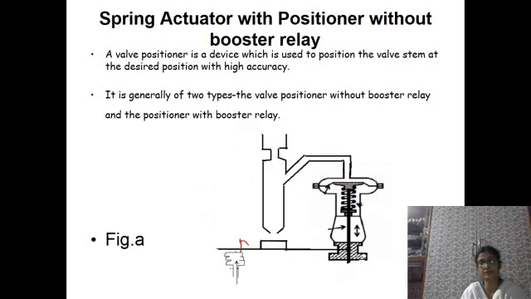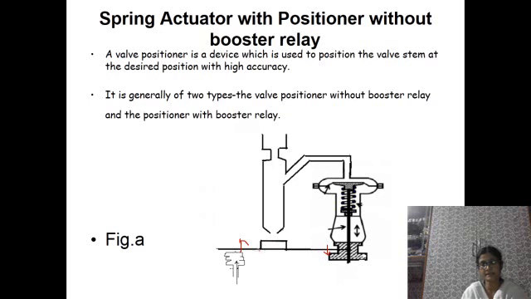This is the diaphragm or the actuator portion. Then the pressure will increase and the stem will move downward. And see, this is connected with the stem directly. So as this goes downward, this portion will move downward.